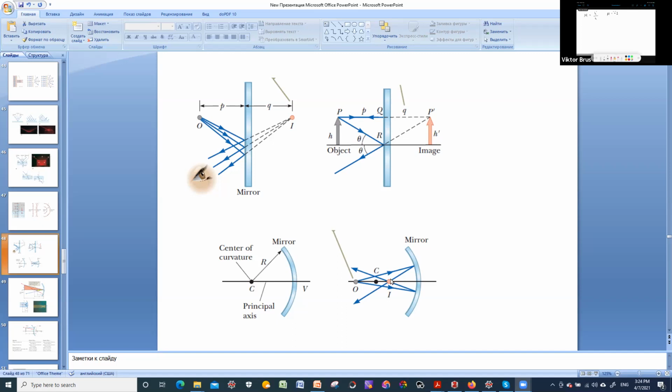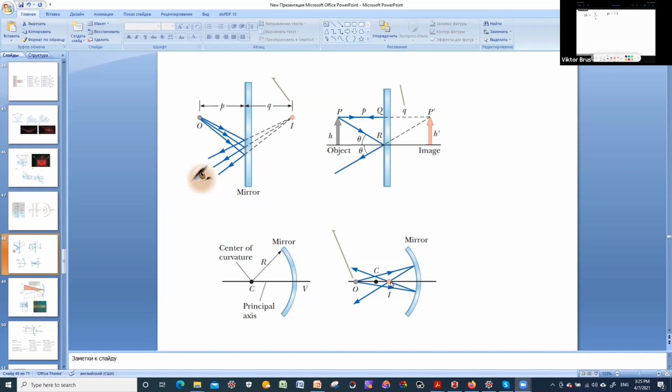Here we will have the image of this object, and this image will be real as opposed to the previous virtual image, because the reflected rays go through the image and diverge from it, as we gave in the definition.